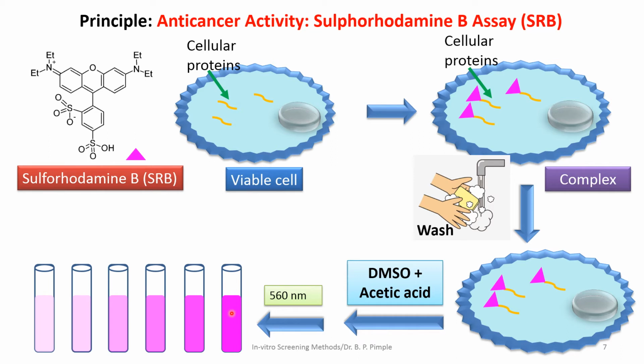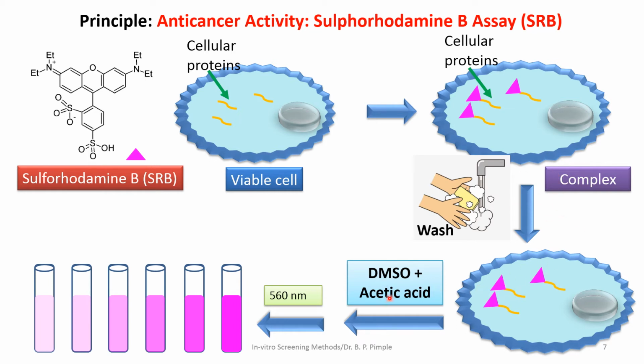Maximum pink color will be available only if this test tube has the maximum number of living cells. Maximum living cells will have maximum proteins, and therefore maximum dye will be bound to the protein even after washing.